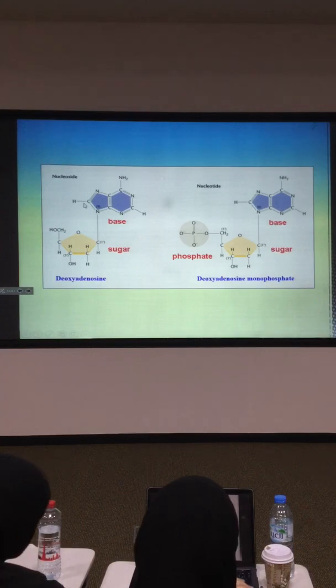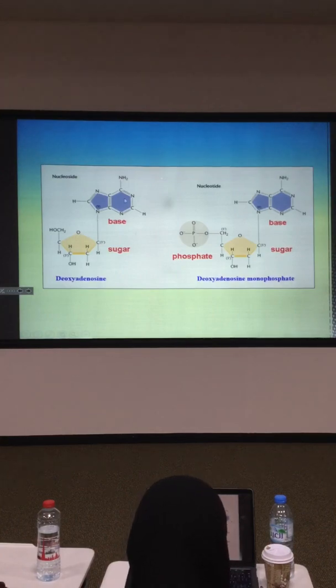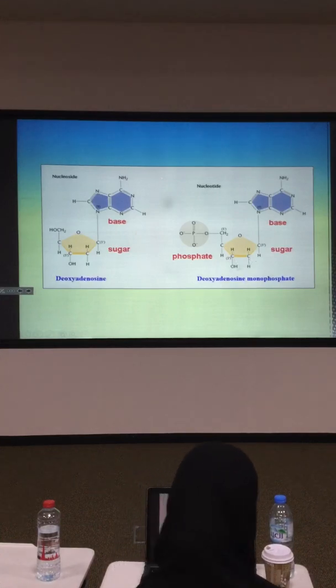Now, these are examples of nucleoside and nucleotide. Base and sugar is a nucleoside, and one example is deoxyadenosine. This example is deoxyadenosine monophosphate. There is only one phosphate group, and this phosphate is a phosphoester group. If I put another phosphate group, that will be a phosphoanhydride group.